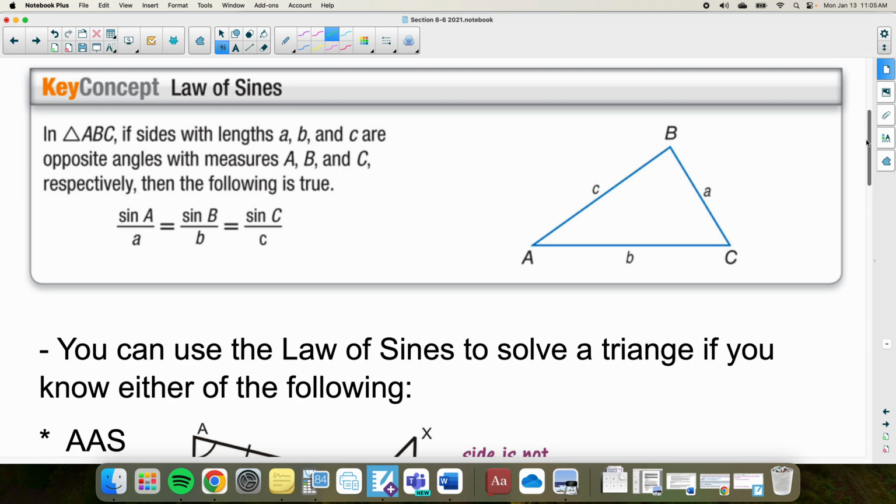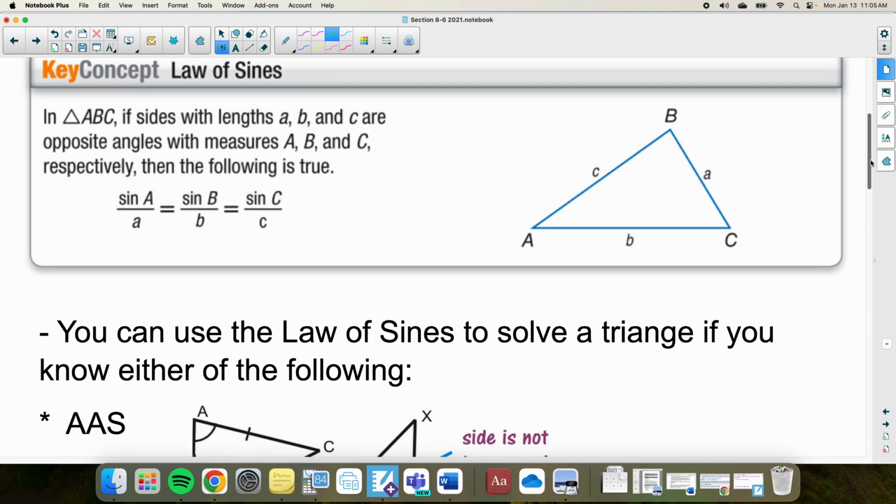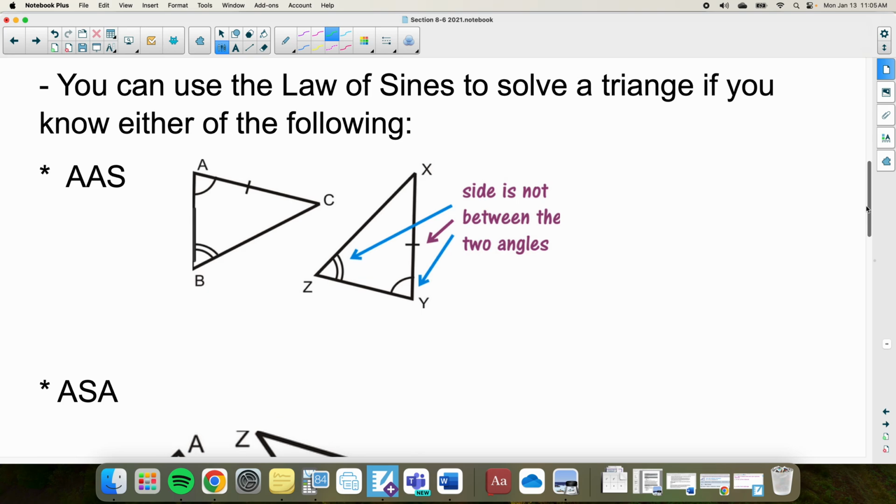And what we're going to do is use that proportion to solve either for a missing side or a missing angle. Now, today we're learning something called law of sines, and then the next 3 days we're learning something called law of cosines. Law of sines works anytime you have an angle side situation.